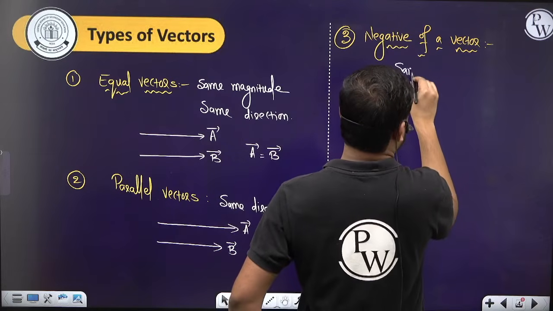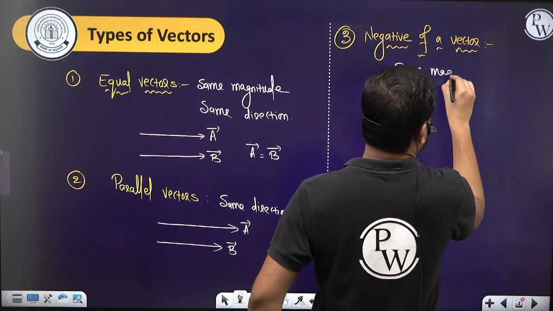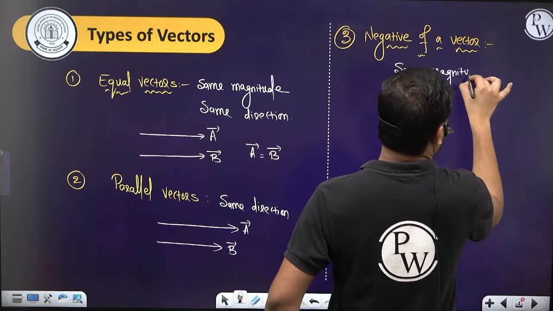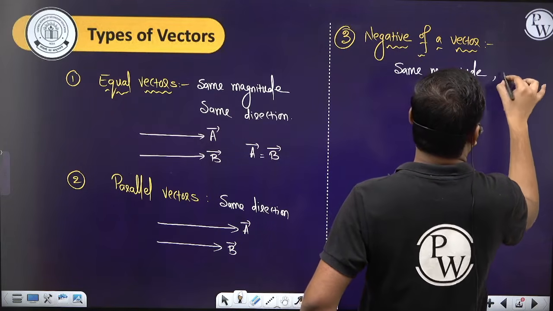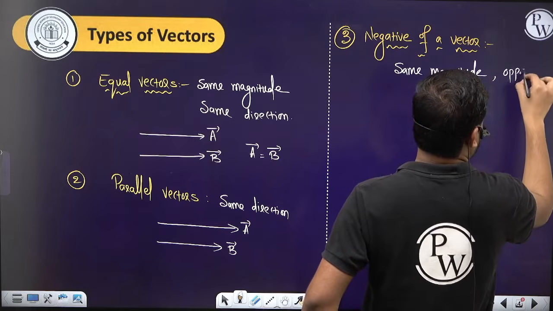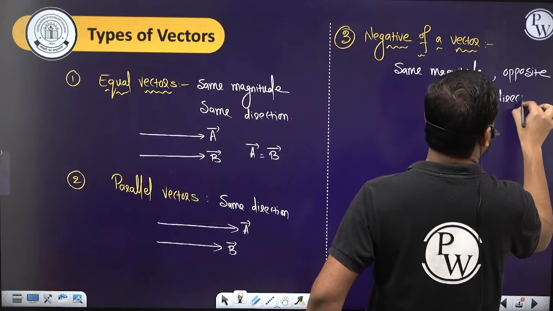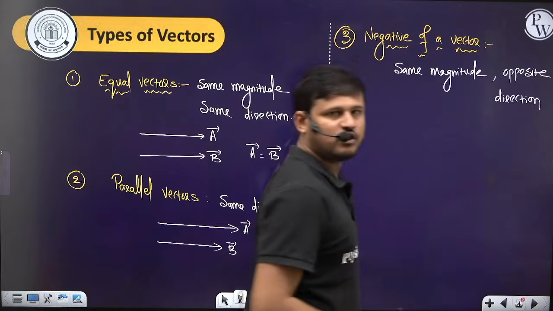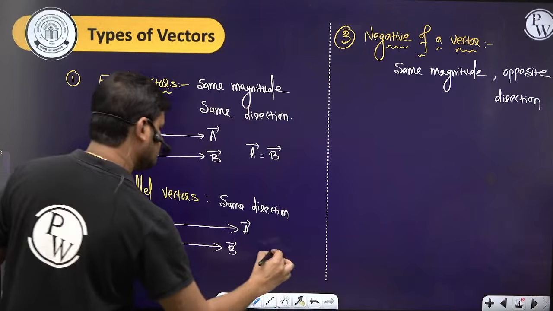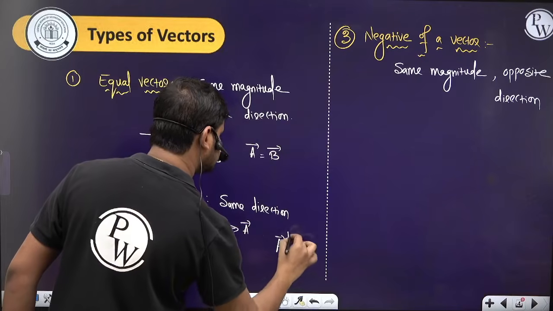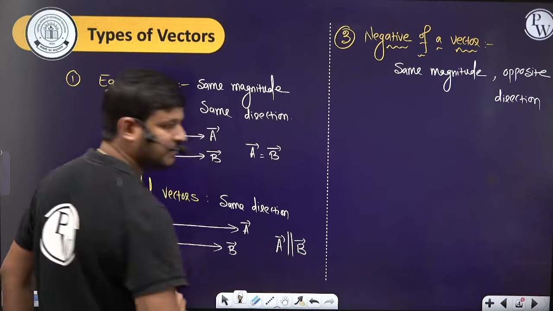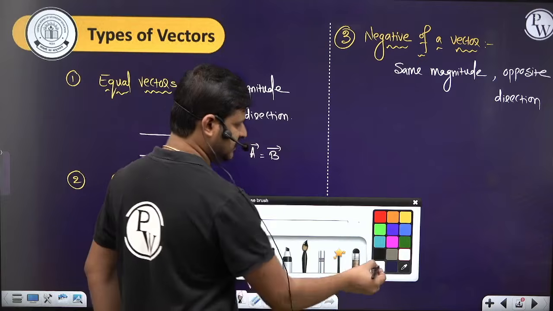The vector which is having the same magnitude and then opposite direction. Such vectors are said to be the negative of a vector. Here the parallel thing you can write like this. The symbol A is parallel to B.